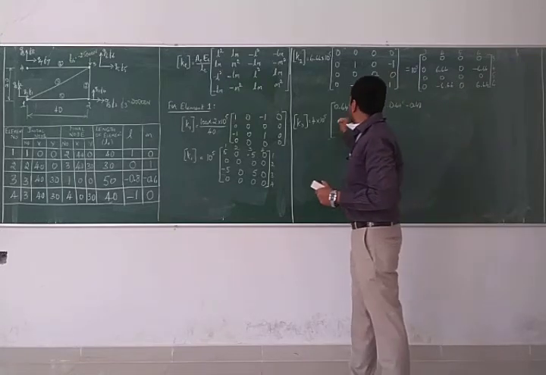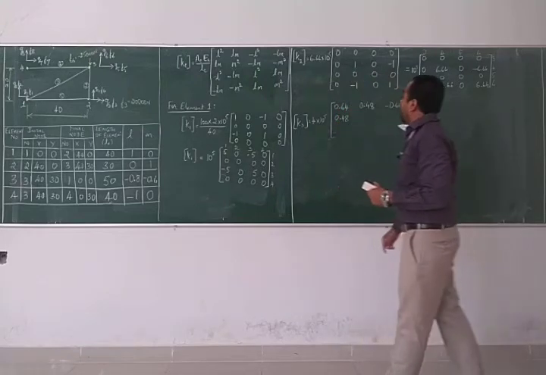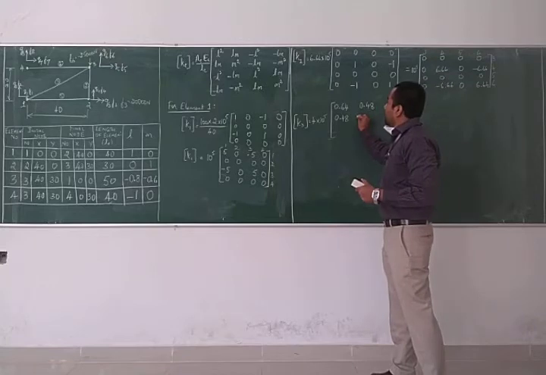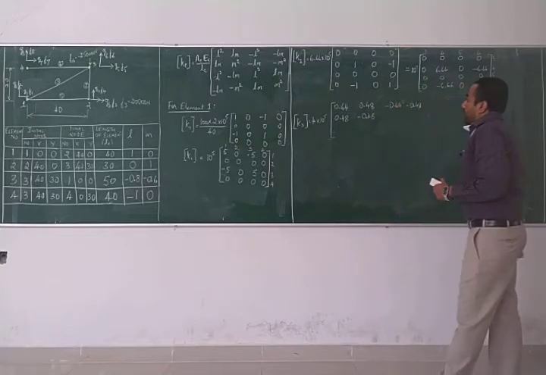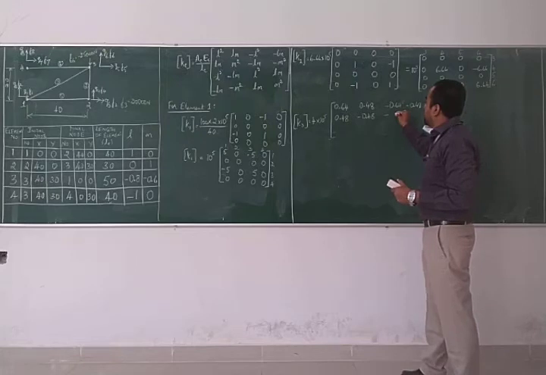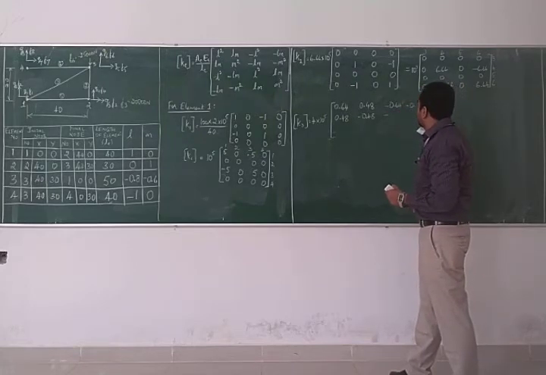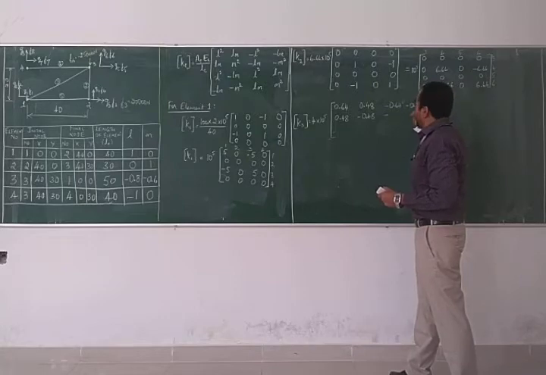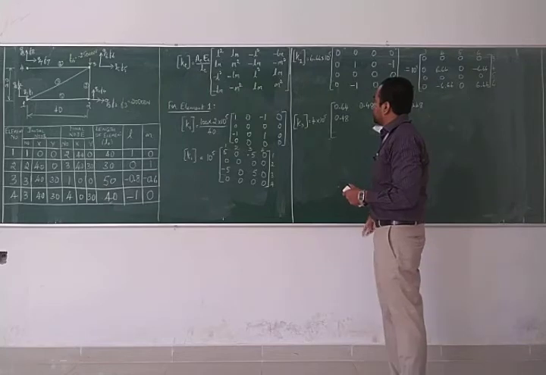For lm 0.48, m square is 0.36, minus lm is minus 0.48, m square is 0.36, minus 0.6 into minus 0.6, it is 0.36.